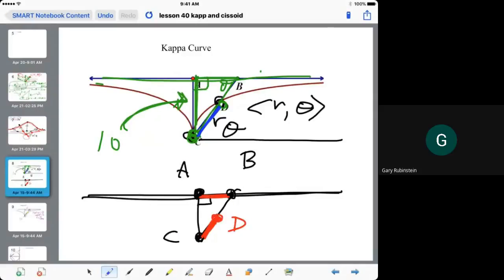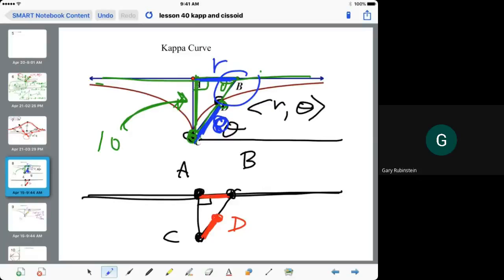Anyone know what the sneaky trick is? Because we have theta, we have an r kind of in there, but not really, because we know nothing about this other piece, this CB. Yes, AB is also r. That's the trick to this question. That's the definition of the Kappa curve, that this distance here has to equal that.